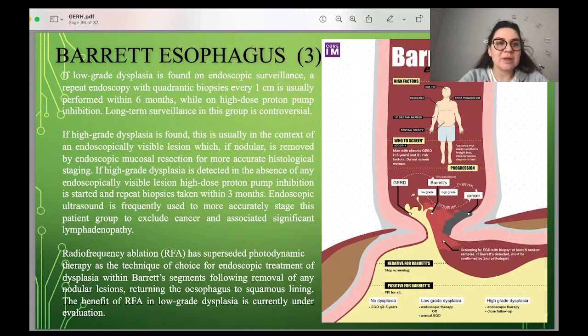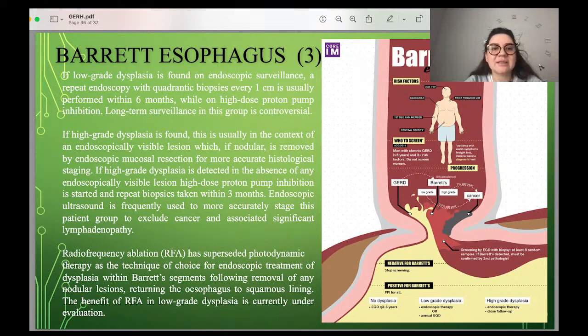If low-grade dysplasia is found on endoscopic surveillance, a repeat endoscopy with biopsies every 1 cm is usually performed within 6 months, along with high-dose proton pump inhibitors; long-term surveillance in this group is controversial.